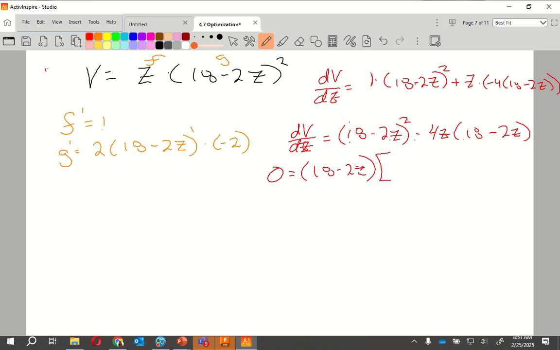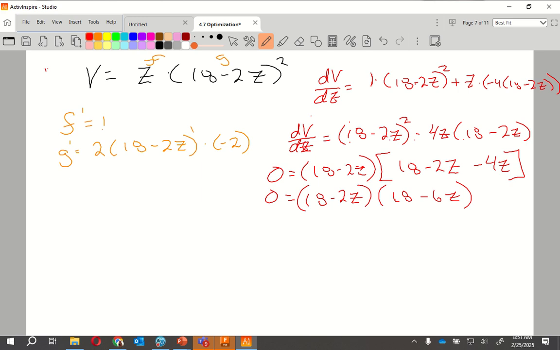When I factor that out, I'm left with 18 minus 2z minus 4z, which is 18 minus 6z.